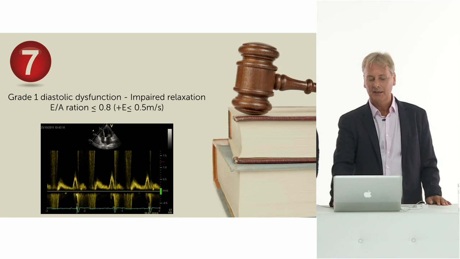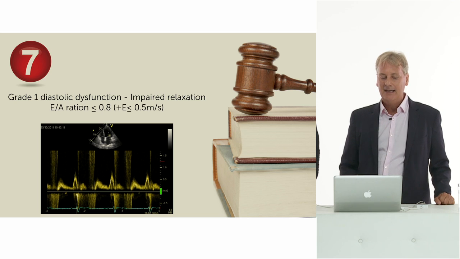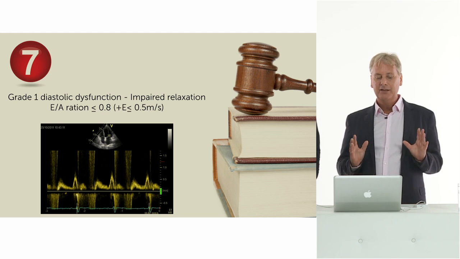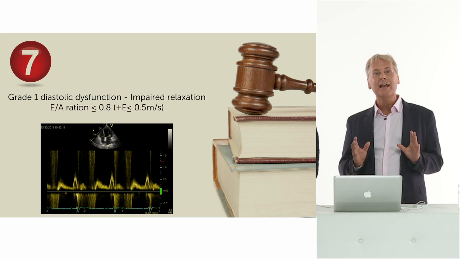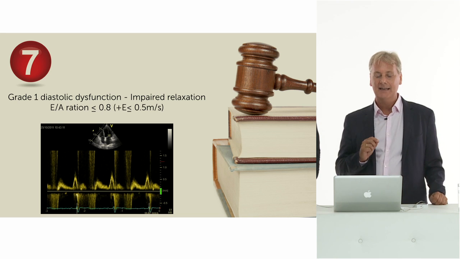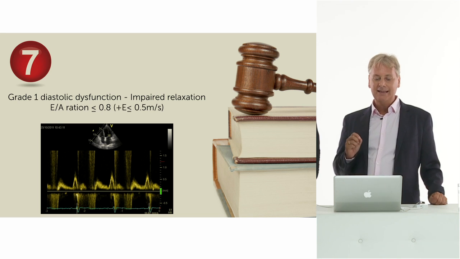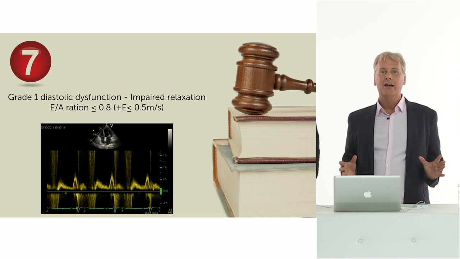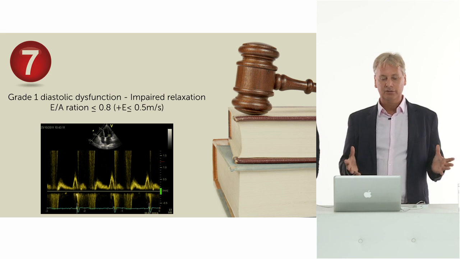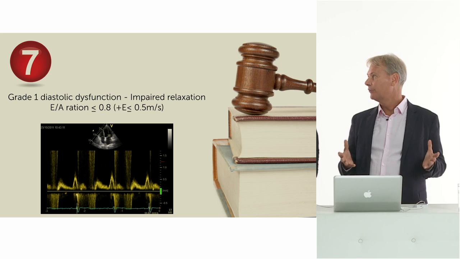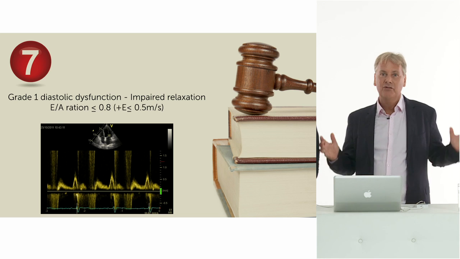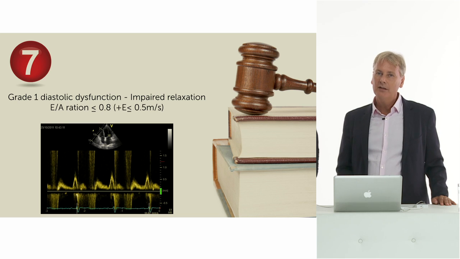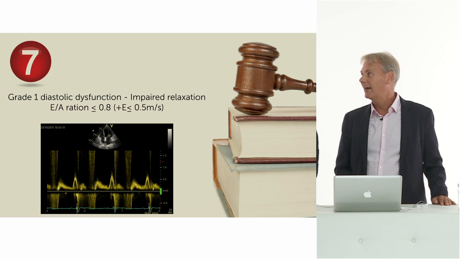Still, what is now stated as a very important point is that if you have a patient who has an E to A ratio of less than 0.8 and an A wave which is less than 0.5 meters per second, then you have grade 1. This is what we always called impaired relaxation or grade 1 diastolic dysfunction. This is relatively easy to understand, but there's one small difference to the old guidelines.